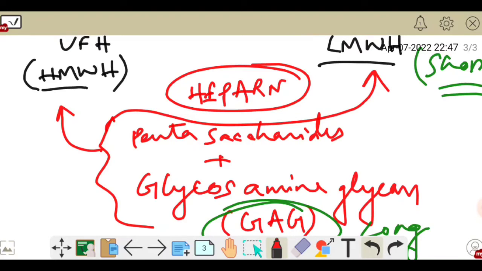As we have learned, there are two types of heparin: unfractionated or high molecular weight heparin, and low molecular weight heparin. So let's talk about the mechanism of action of these two. It's very simple.